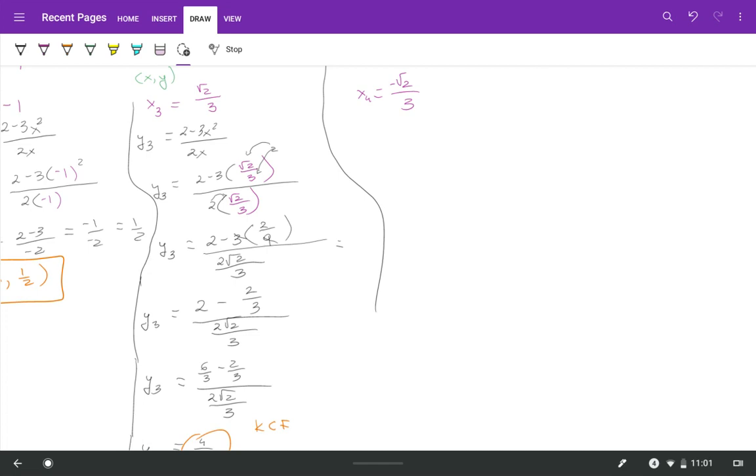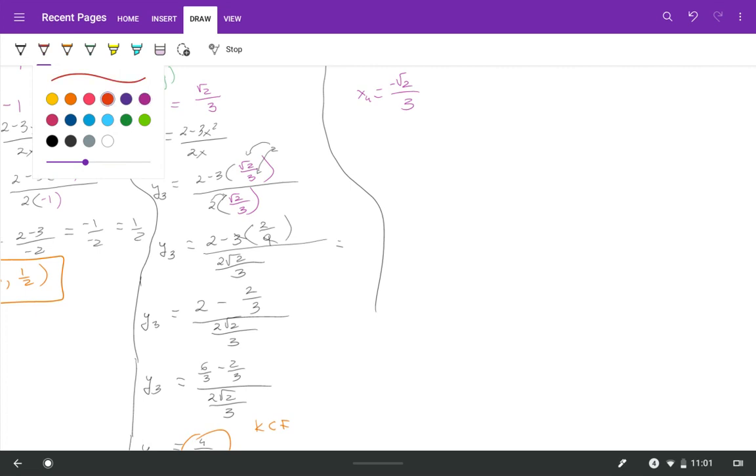Okay, so what I'm trying to do, hopefully you guys have everything in your notes already. I want to show you right here that for y4, it's going to be the same thing, but the only change is that we plug in a negative. So for y4, I'm calculating.